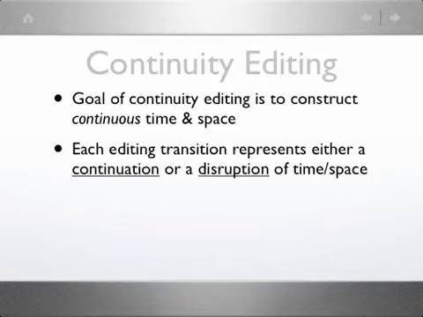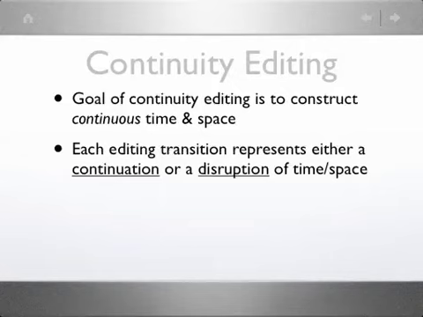So every time that one shot transitions to another shot through either a cut or a dissolve or a fade out or any of the other sorts of editing transitions, the second shot is either taking place at the same time and in the same space as the first shot, or it is taking place at a different time and in a different space than the first shot. So there's a great deal of possibilities as far as how much time passes between one shot and another, how much space is traversed between one shot and another.